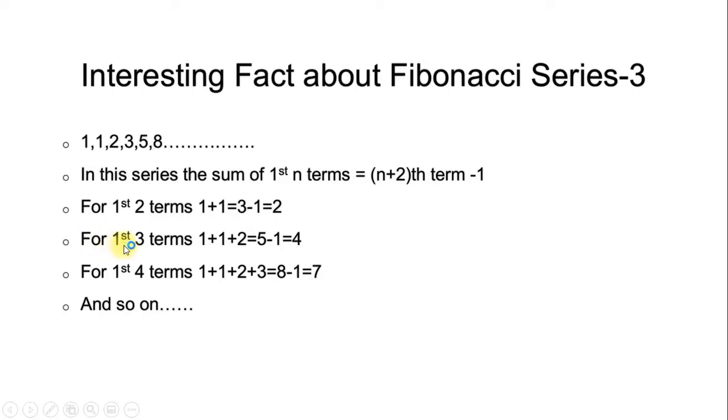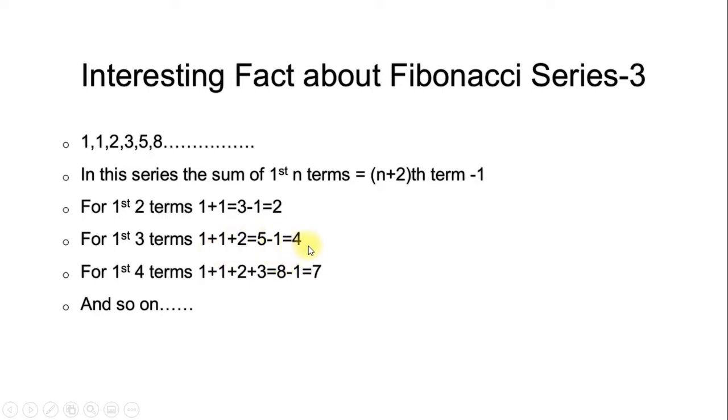Similarly, if I sum the first three terms, 1 plus 1 plus 2 equals 4, right? There are three terms, so 3 plus 2 equals the fifth term. In this series, 1, 1, 2, 3, 5, the fifth term is 5, so 5 minus 1 equals 4.